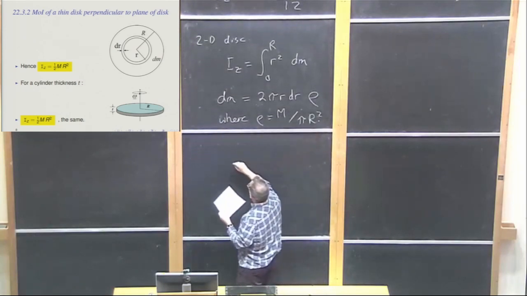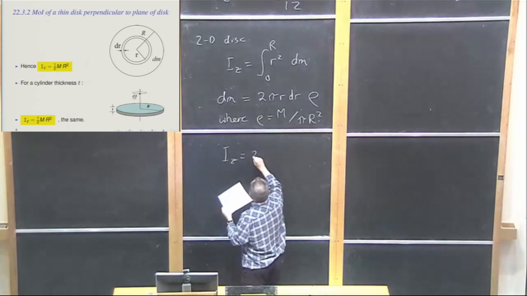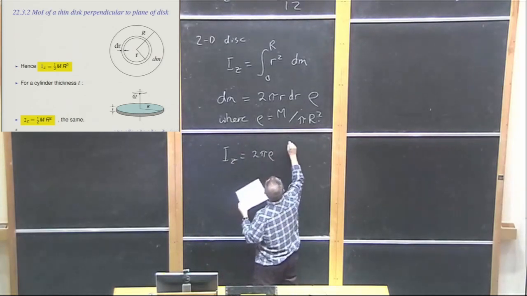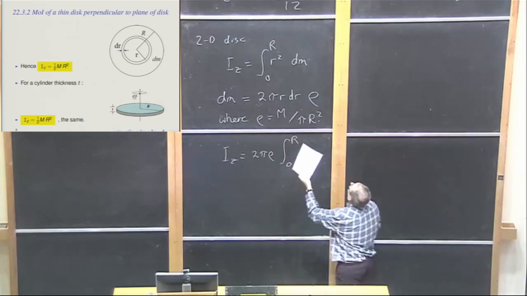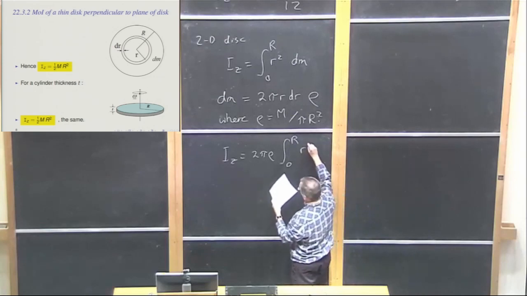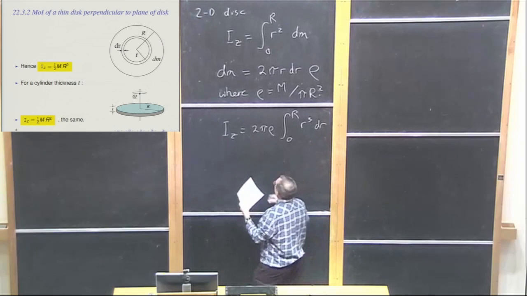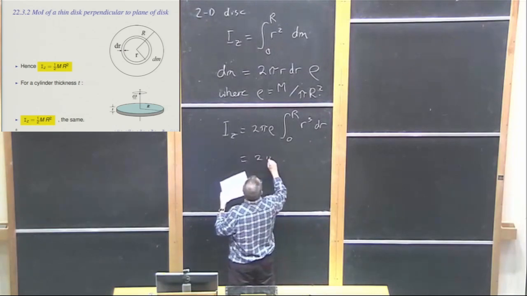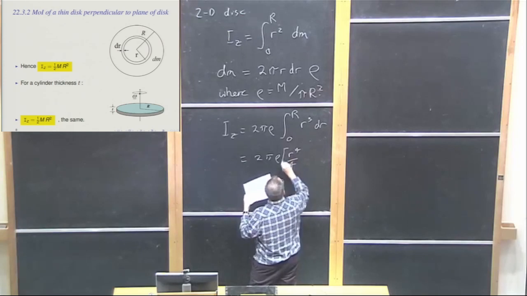So I z can then be written as 2 pi rho times the integral between 0 and big R of r squared, and now we've picked up another r, so that's r cubed dr, which gives us 2 pi rho r to the 4 over 4.